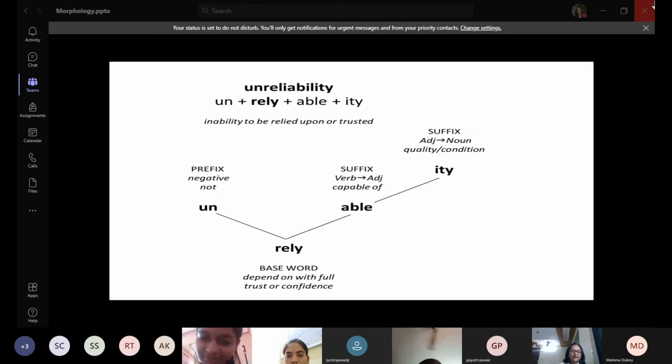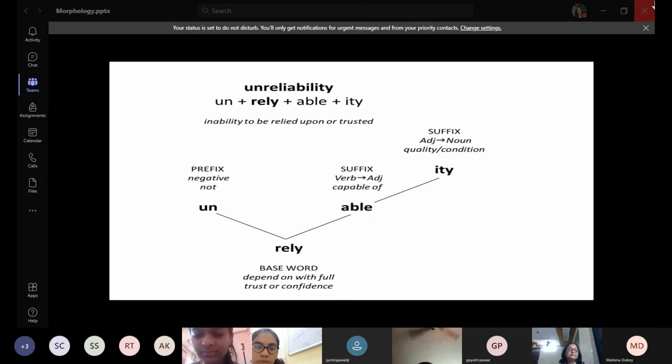Yes, ma'am. So no, it is a bound morpheme because in this word that we are forming, unpredictable, it is getting its meaning from the word predictable. Sorry, predictable, you said un is not being added yet. In predictable, the form of predict changes by adding able. I can predict this; predict is a verb.